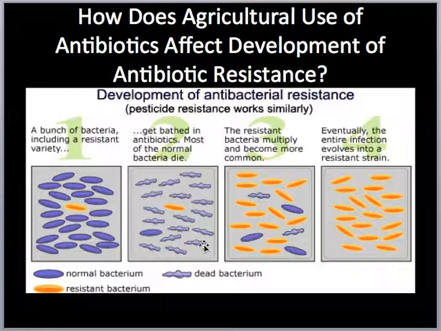Most of the normal bacteria die, except we still have the resistant one right there and a normal bacteria here. The resistant bacteria then multiply and become more common, overtaking the normal bacteria. Eventually, the entire infection evolves into this resistant bacterial strain that we don't know how to treat.